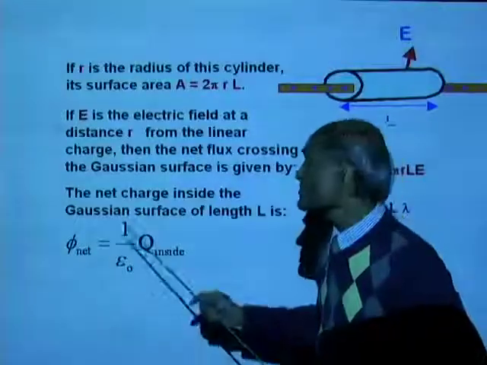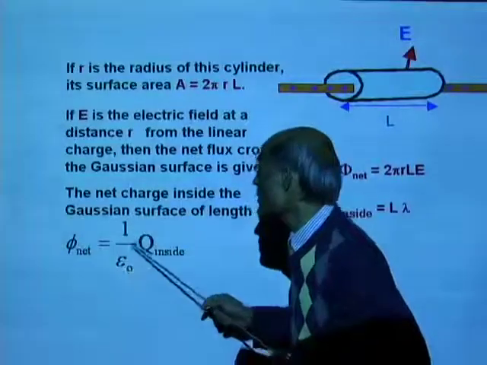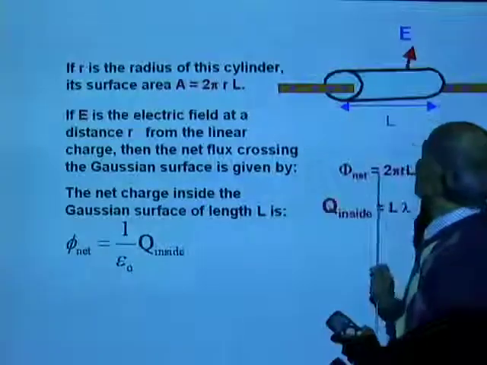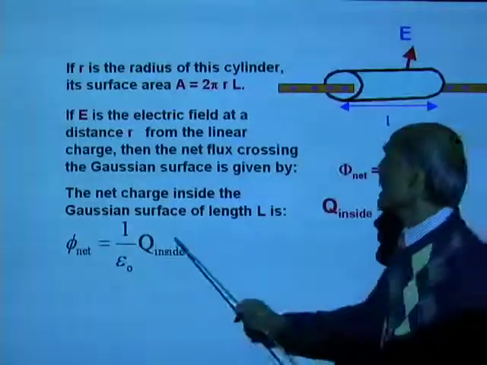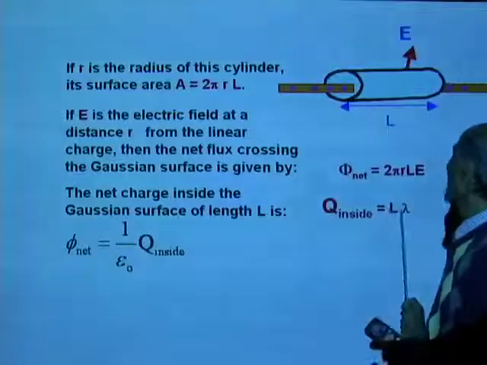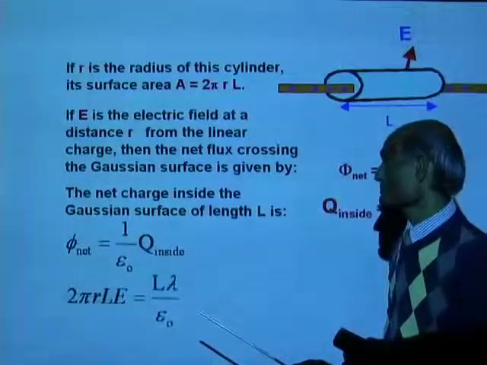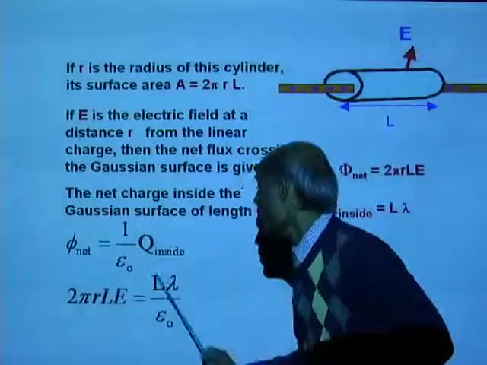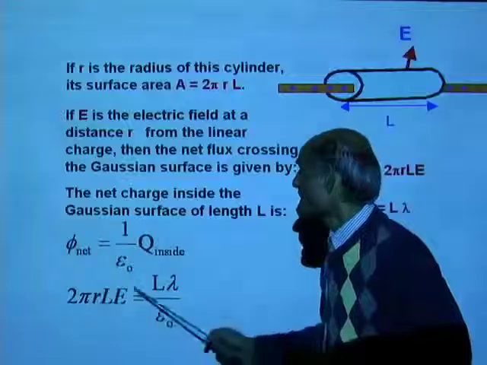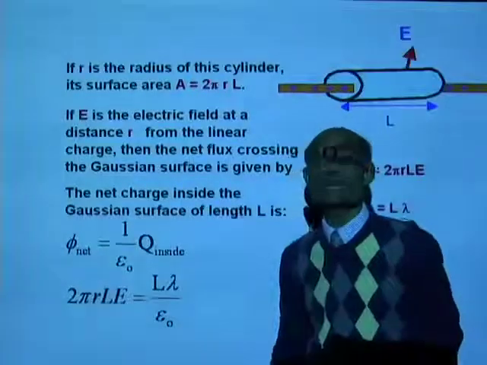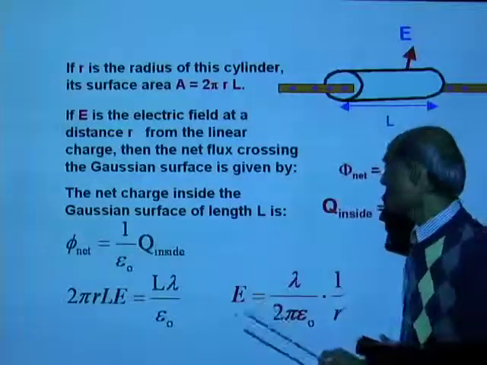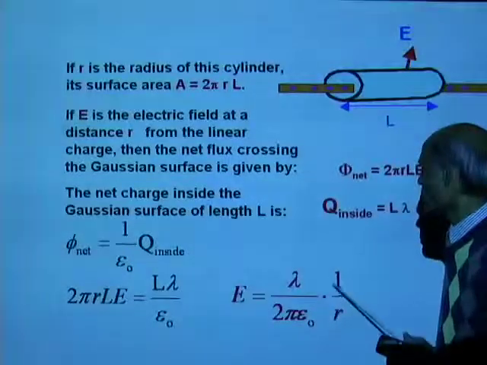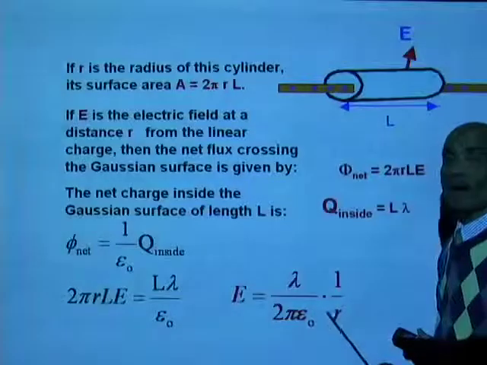Phi net is 2 pi r L E, and Q inside is L times lambda. Now, I can cancel L on either side and solve for E. What is E equal to? E equals lambda over 2 pi epsilon naught times 1 over r.